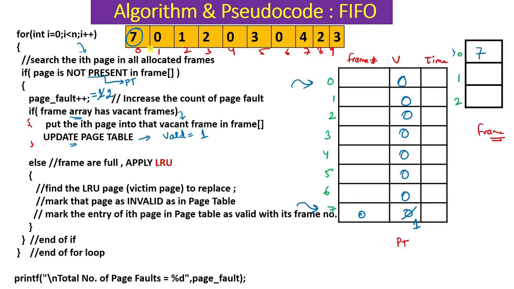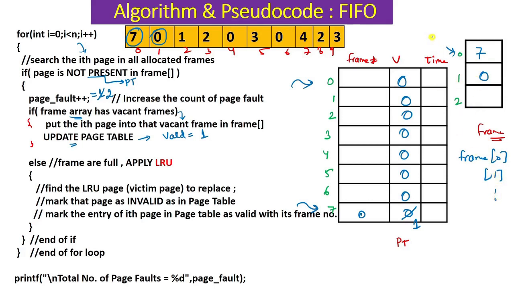So now I'll put this 0 here. But there should be some pointer, some particular variable which should be pointing to frame 0, then 1, then 2, so that I can say: put my 7 inside frame 0, put my 0 inside frame 1, and so on.